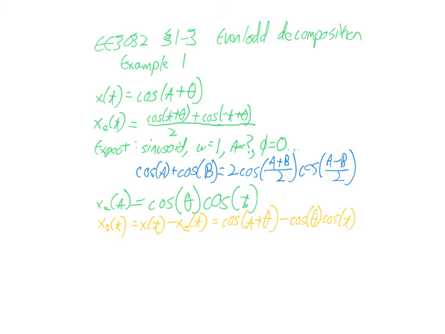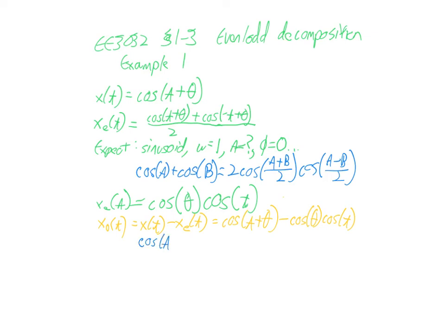the cosine of t. So now what we're going to do again is we are going to use a trig identity to help us out with that. And the trig identity that we use there is going to be focused on breaking down that first term, cosine t plus theta. So we're going to use this trig identity.